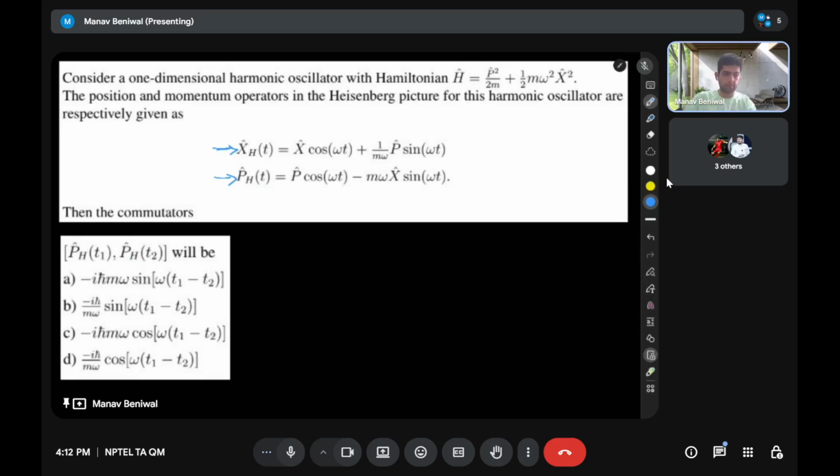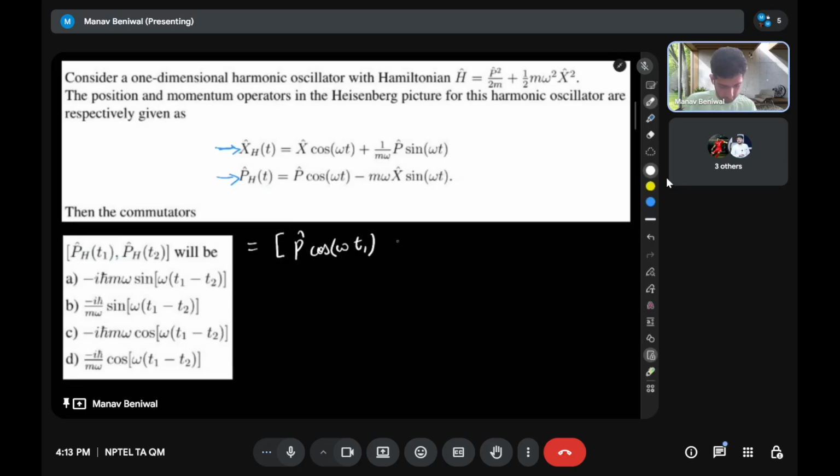So let's do it. The first thing we should do is expand this commutator. So this will be nothing but p cos omega t1 minus m omega x sine omega t1, right?